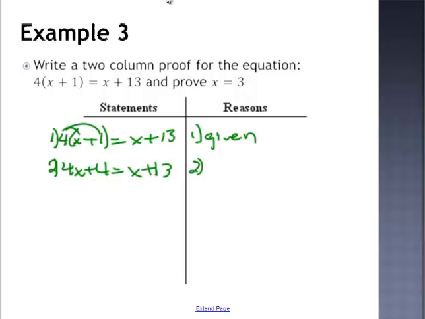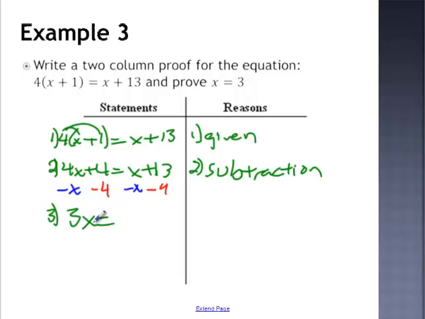I'm going to, in one step, subtract 4 from both sides, as well as subtract x from both sides. So subtraction is my step. And I'm left with 3x equals 13 minus 4 is 9.